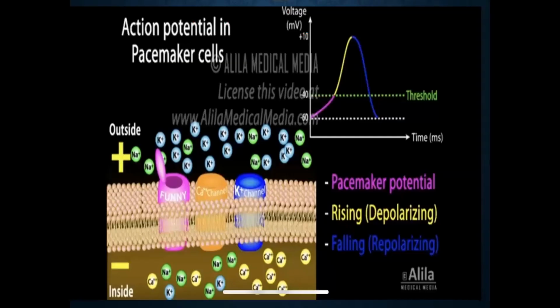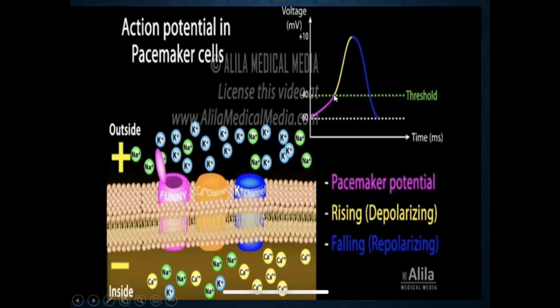Okay, next. So we look at action potential in pacemaker cells. We have a funny sodium channel, a calcium channel, and a potassium channel. During the initial part of the pacemaker potential, the funny sodium channel opens and sodium comes in. The threshold potential is reached slowly, meaning the resting membrane potential from minus 60 slowly becomes less negative and reaches minus 40.